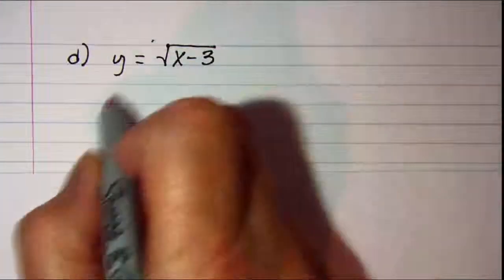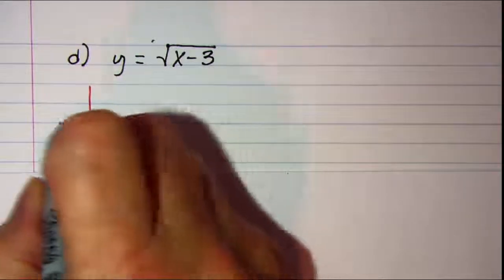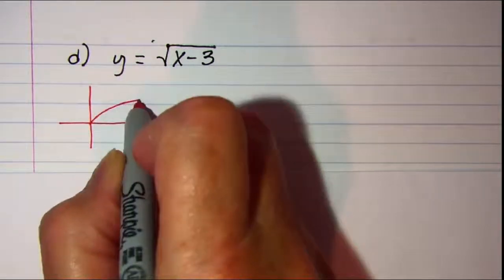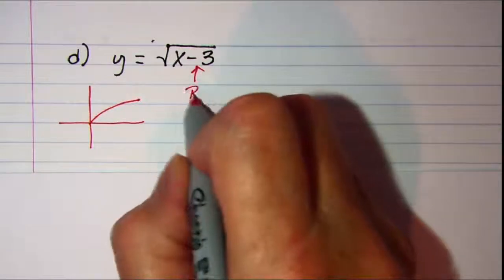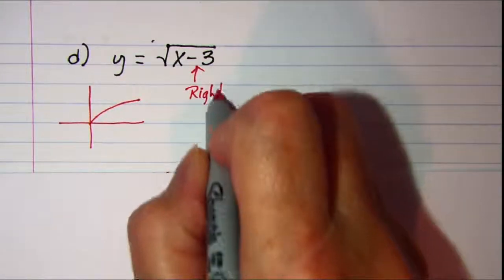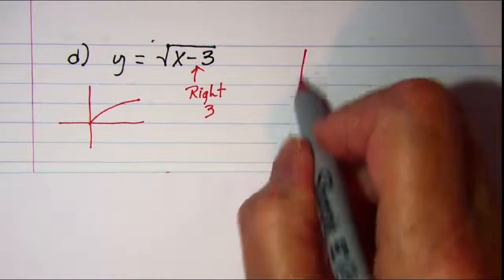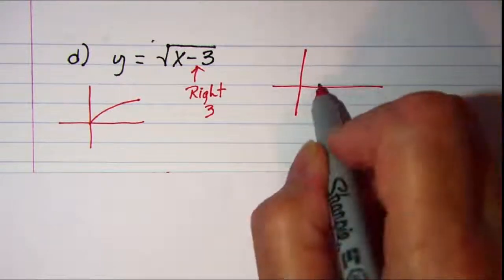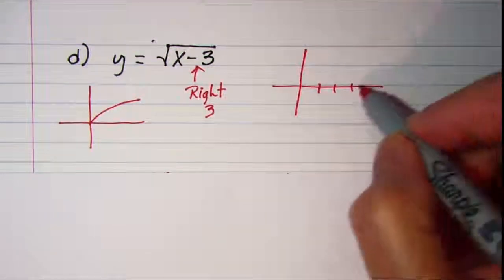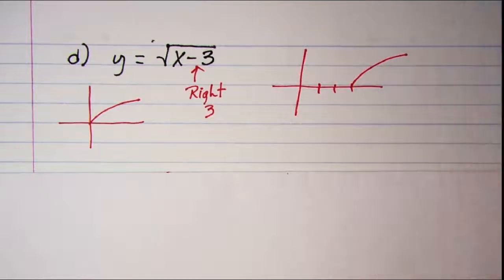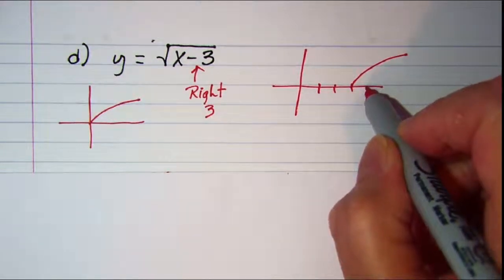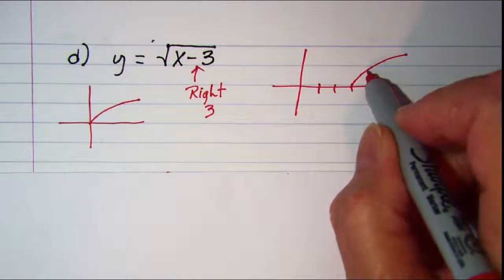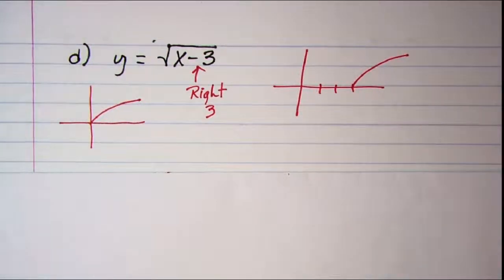This basic graph is our square root graph that looks like this, but this moves it right 3. So a sketch then, we'd go right 3 and draw our basic. And again, you could put 1 point to the right and then 1 point up would give you a specific point that you could plot.